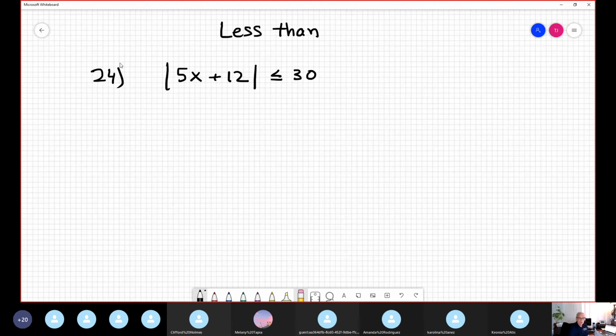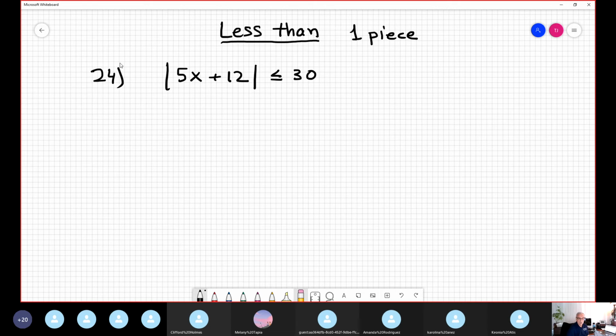Let me try to explain again. When it is less than, we expect only one piece. So our solution is condensed in one interval. When it is greater than, no, you expect two pieces. So when I grade this and see a less than question expressed in two pieces, zero for you, only one.